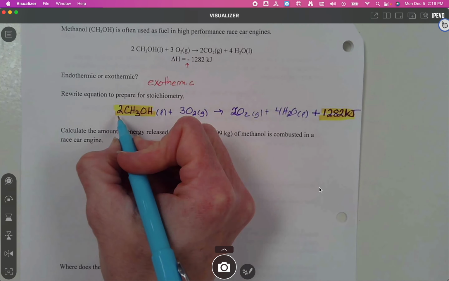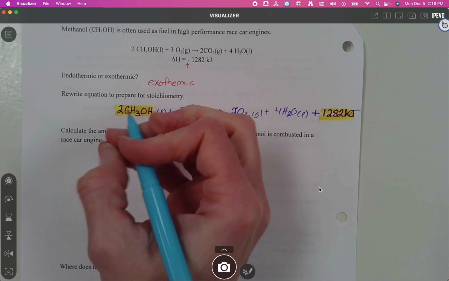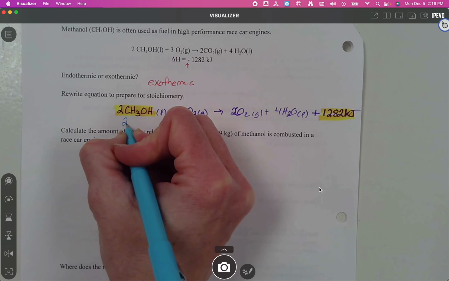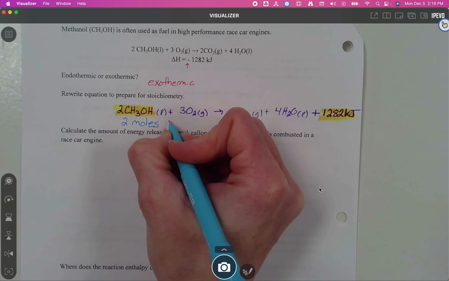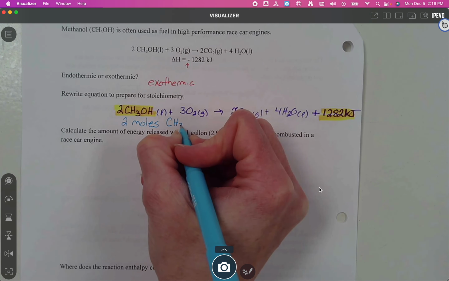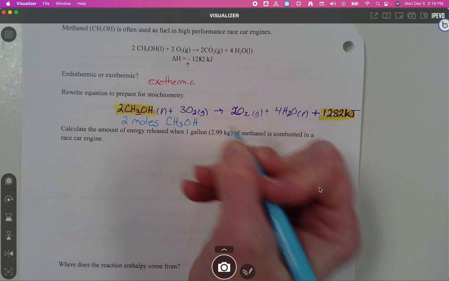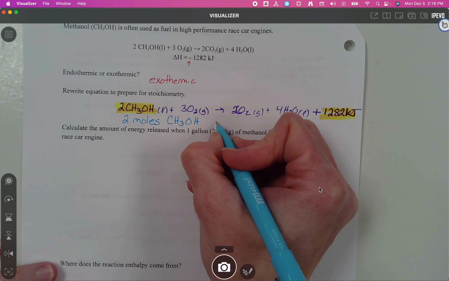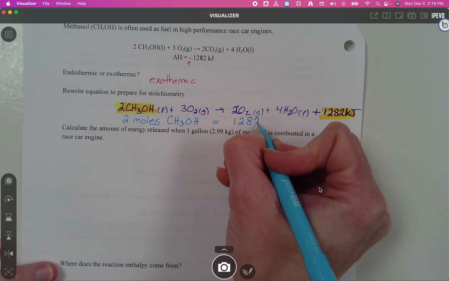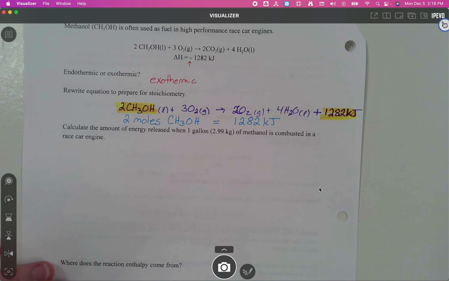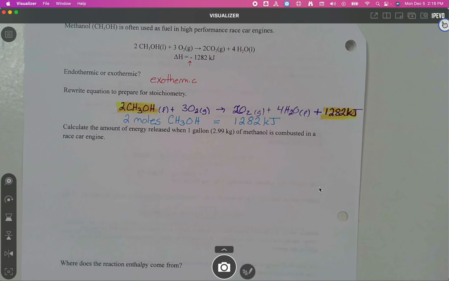We just need to understand that this 2 CH3OH is actually 2 moles of CH3OH producing 1,282 kilojoules worth of energy.